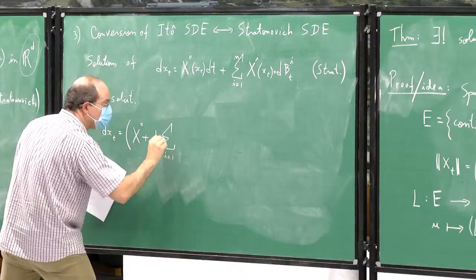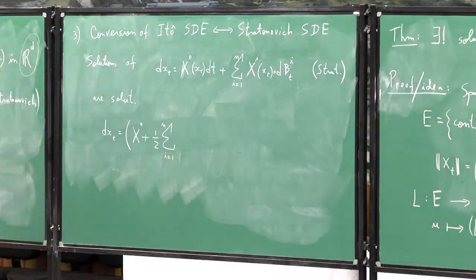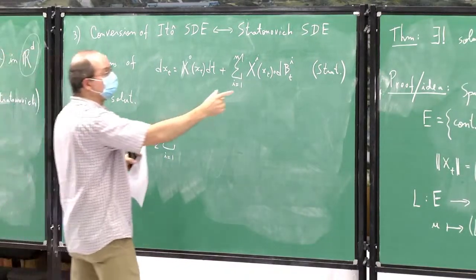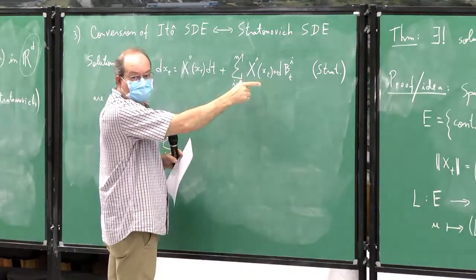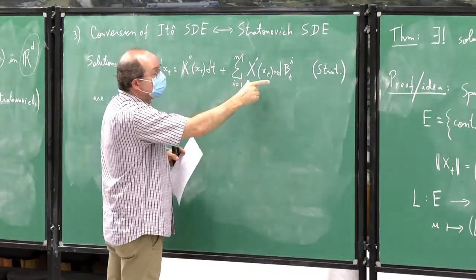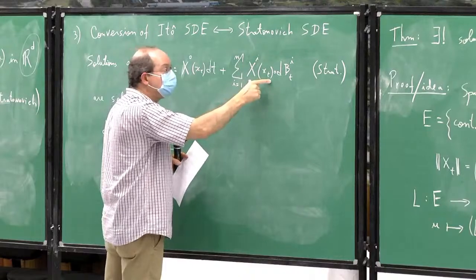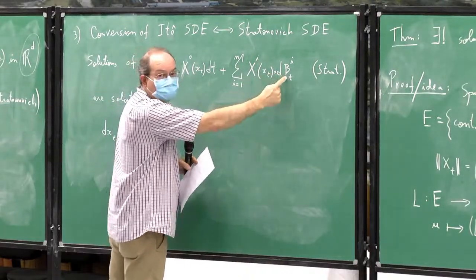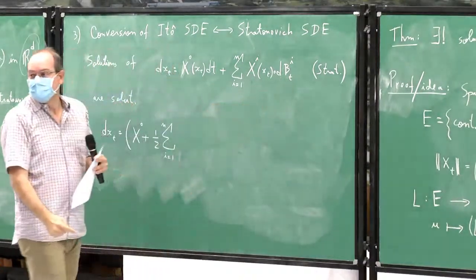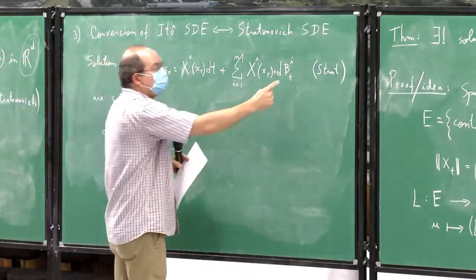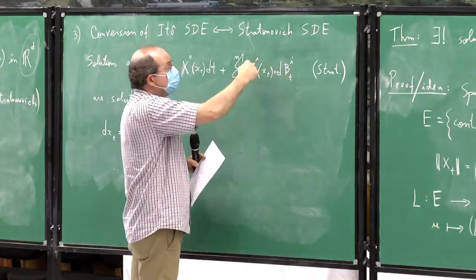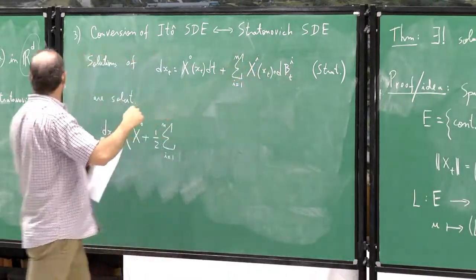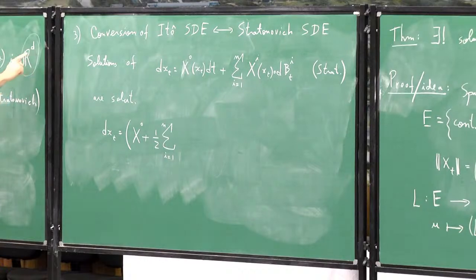I'm just writing the correction term. The correction term is the quadratic variation between this g-dimensional process and this g-dimensional process, which, by the way, we can interpret as integration coordinate-wise in each coordinate of R^g, if you prefer.